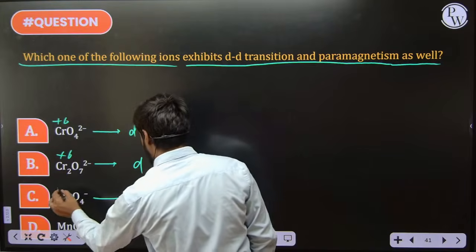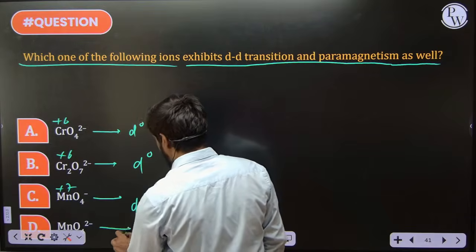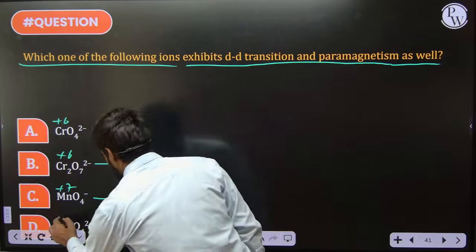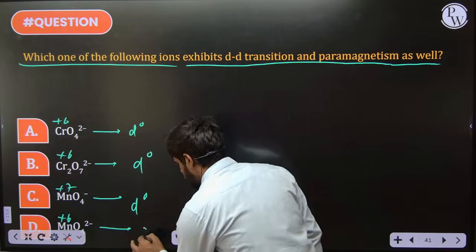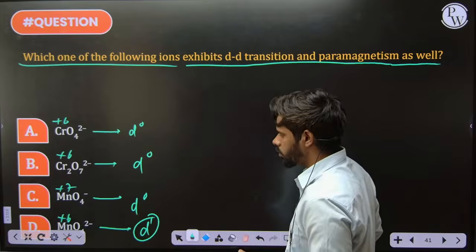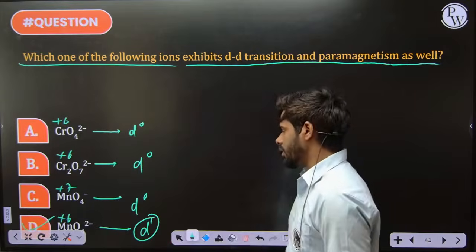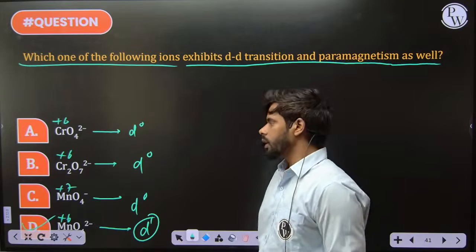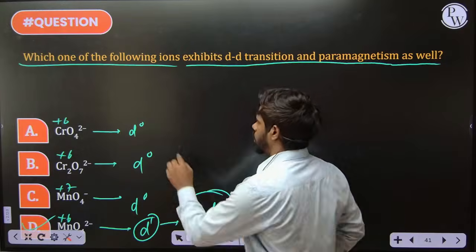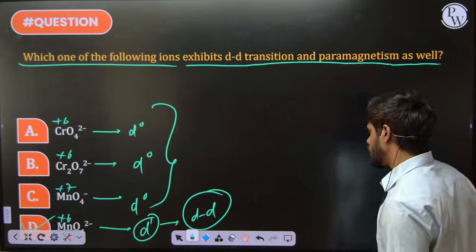Mn in +7, it is d0. In the case of MnO4 2 minus, Mn is +6, so d1 will be there. So there is only one possibility where paramagnetism is possible, with an unpaired electron, and there is a possibility of a d-d transition. In all the other options it is d0, which cannot give any paramagnetism.